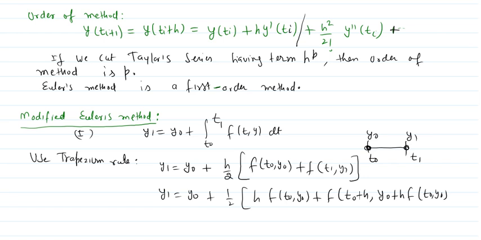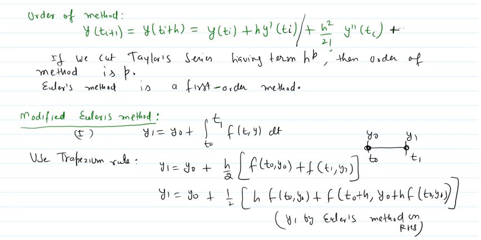So use the approximation of f, writing y1 by Euler's method on the right hand side. And in modified Euler, now we use two notations. So this function value, the first term I am writing as k1 and the second term I am writing as k2. So these are just notations.